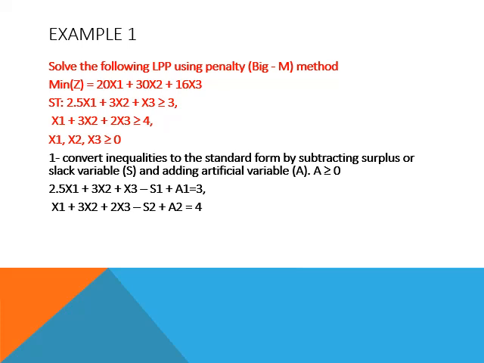Now, what is the first step here? It is to convert the inequalities or constraints into the standard form by subtracting surplus or slack variable s and adding artificial variables a.